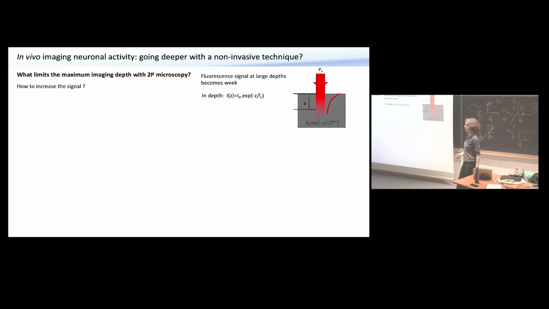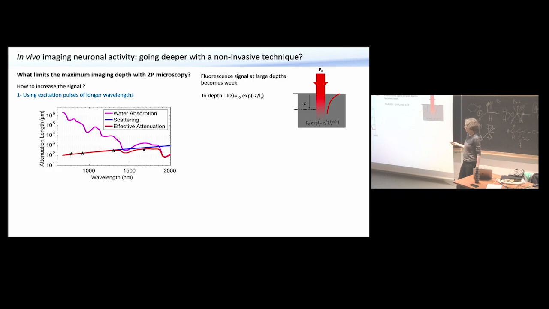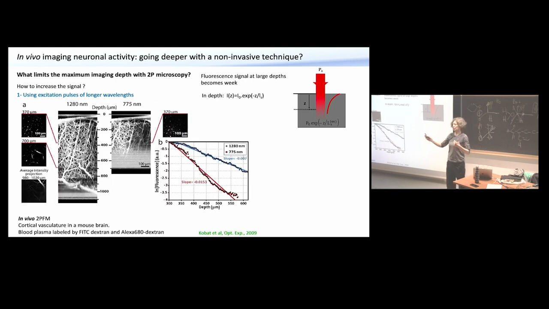So how to increase this signal? Well, one idea is to change the wavelength, because we said that if you go to more infrared pulses, it's going to go deeper. This has been shown by these guys here, where they looked at the vasculature with an infrared wavelength of almost 1300 nanometers compared to 800 nanometers, and you see that they can go much deeper.